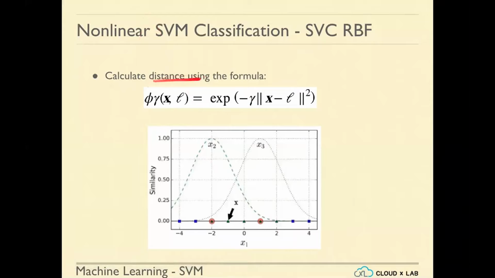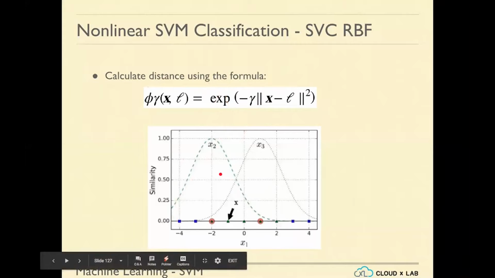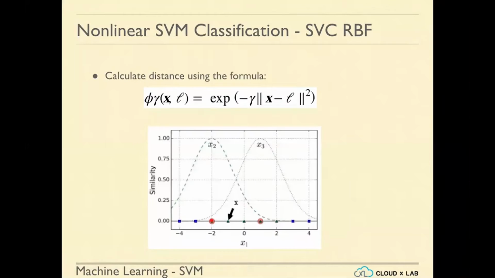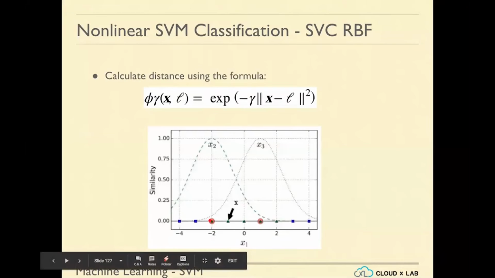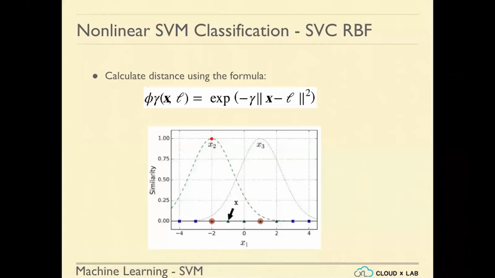Let me again explain what it means. There is something called the distance formula, and the distance formula is essentially calculating distance, or let me just say similarity. Let's say this is your landmark. The landmark is very similar to itself, therefore the similarity is 1.